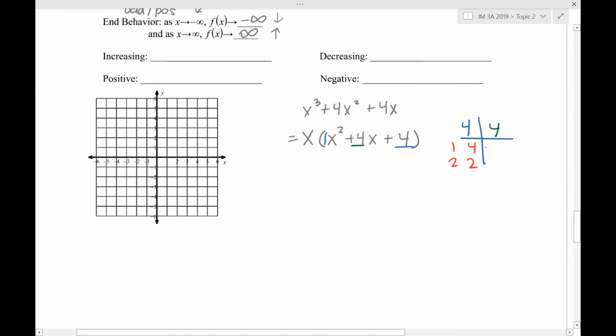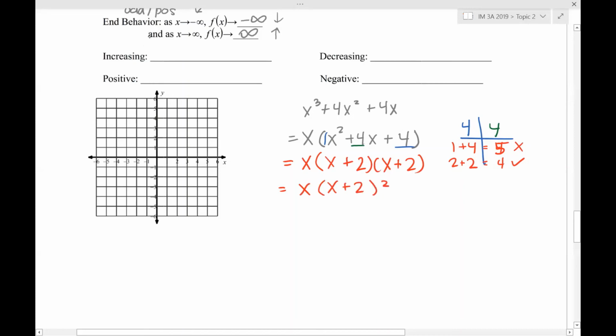Since 1 plus 4 is 5, that means that 2 plus 2 is the one that's going to work. So this is x times, since they're both the same number, technically we're looking at x plus 2 times x plus 2, but we want to think about that as x plus 2 squared.